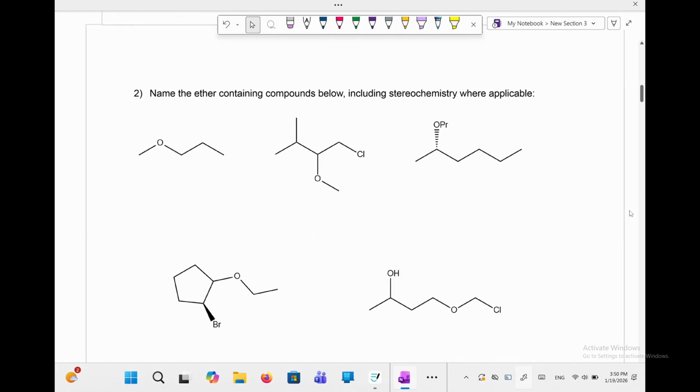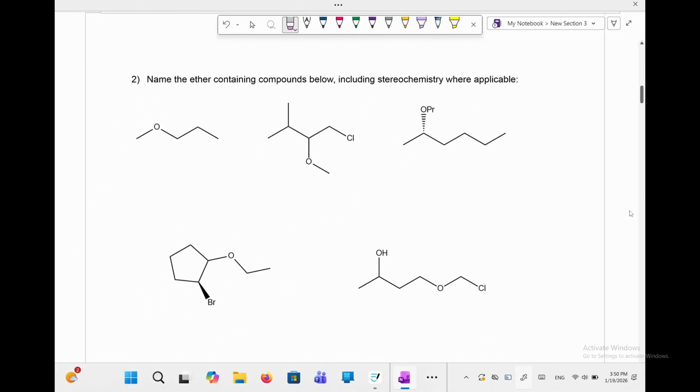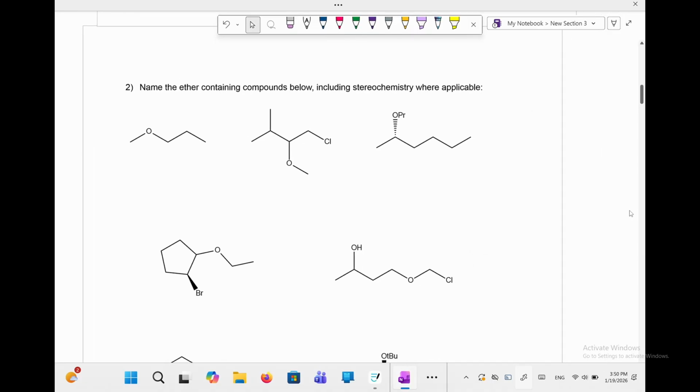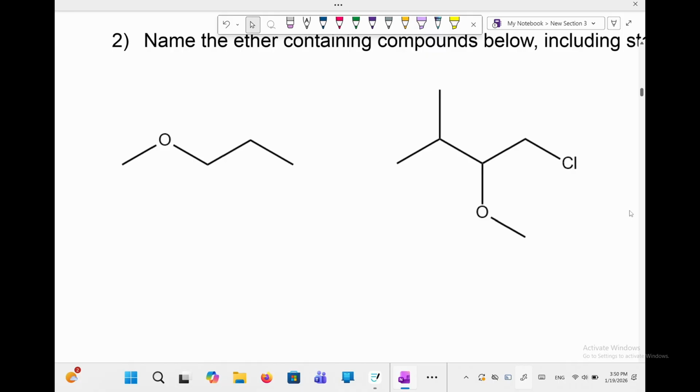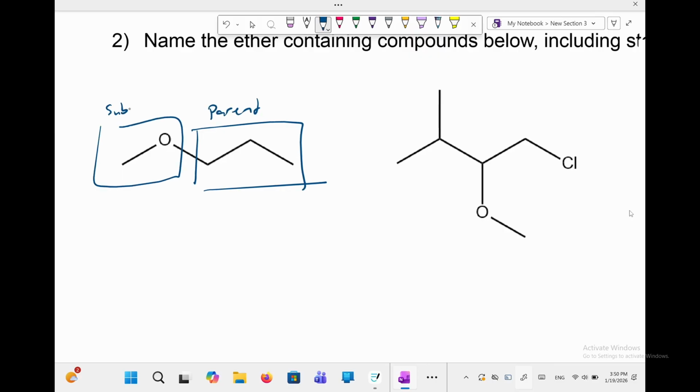Naming ethers is a bit different, but not too different. Since there's an oxygen separating two different alkyl chains, you want to figure out which one's going to be your substituent and which is going to be your parent chain. Since this is longer than just a methyl, I'll have this as my parent chain, while this is going to be my substituent.